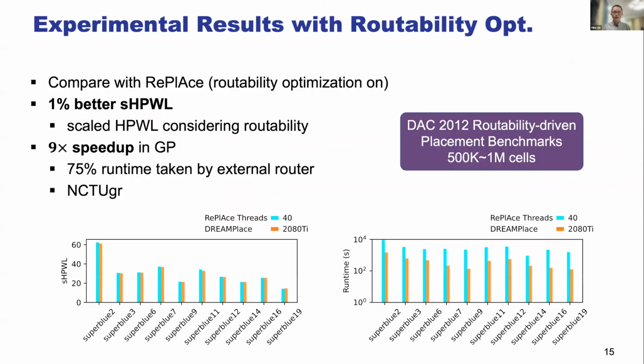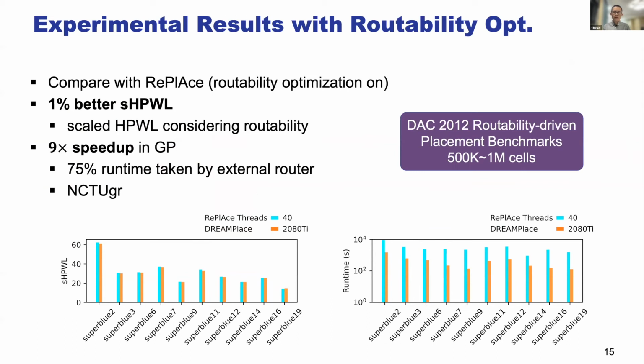We also validate the performance of routability optimization on DAC 2012 routability-driven placement benchmarks with 500,000 to 1 million cells. We can achieve 1% better scaled HPWL, which is a widely used metric considering both wirelength and routability, compared with the state-of-the-art results from RePlAce.